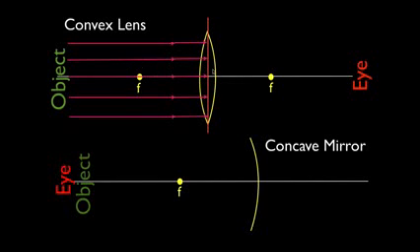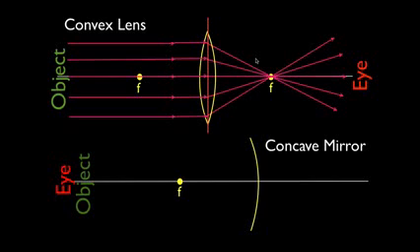The light rays are passing through the lens, and you, with your eye, are looking at that object. The light rays, when they come through that lens, are bent in such a way that they all pass through a single point. That point is known as the focal point. They converge, and therefore we call this lens a converging lens.